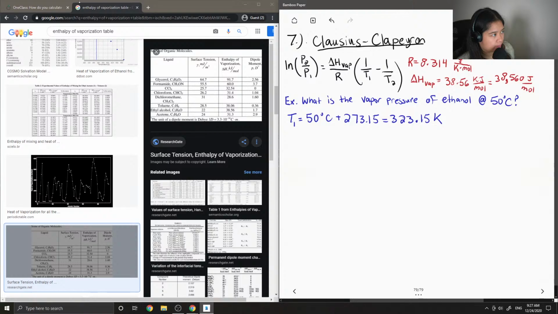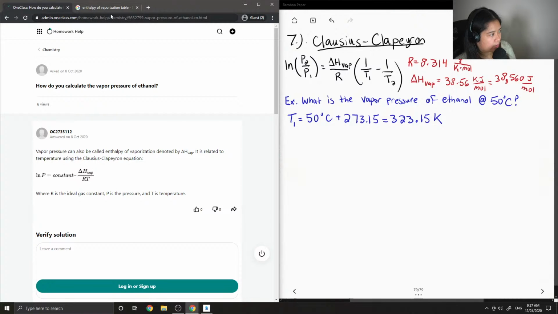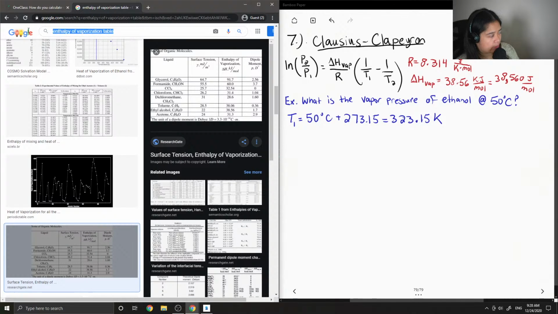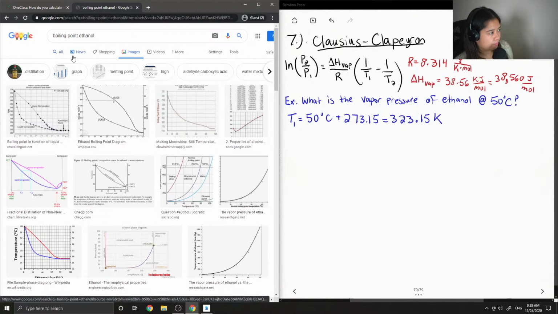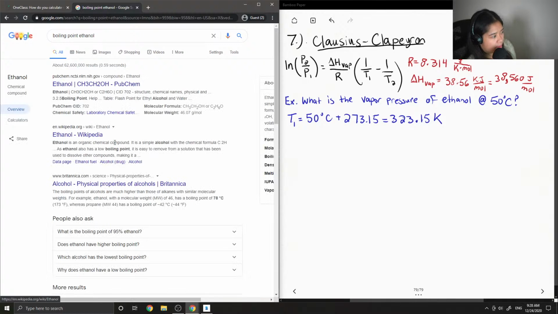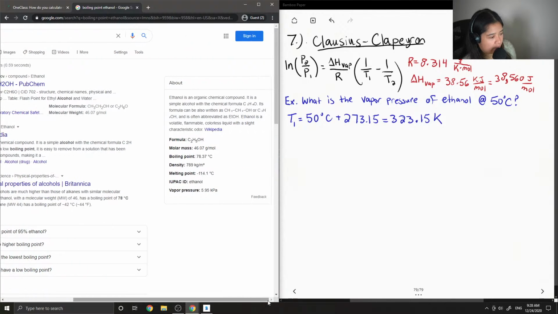And then I also want to find the boiling point of ethanol, since that should be given in a question.